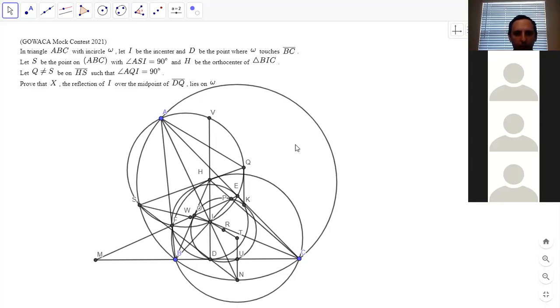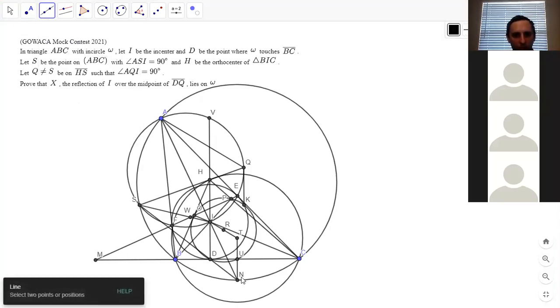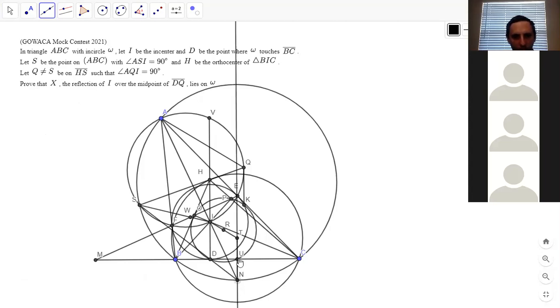So we want to show they're parallel. Yeah, it is a weird definition.